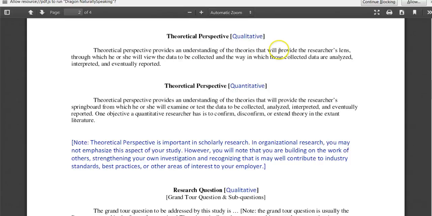So it's a springboard, it's a lens. On the other hand, when we're talking about the theory in quantitative work, we're building on the theory, we're adding to it. We're talking about how the data might confirm, disconfirm, or extend theory in extant literature. It's a very different way that we bring theory into the research we're doing.